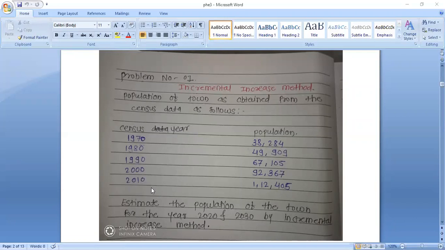Now we have to find out the increase in population in 2020, and after that, after 10 years, that is in 2030, what will be the amount of increase in population. And this increase in population we have to find out by the incremental increase method.